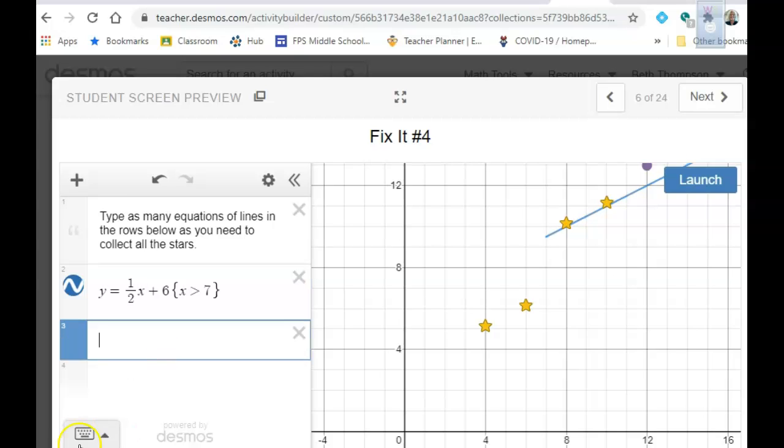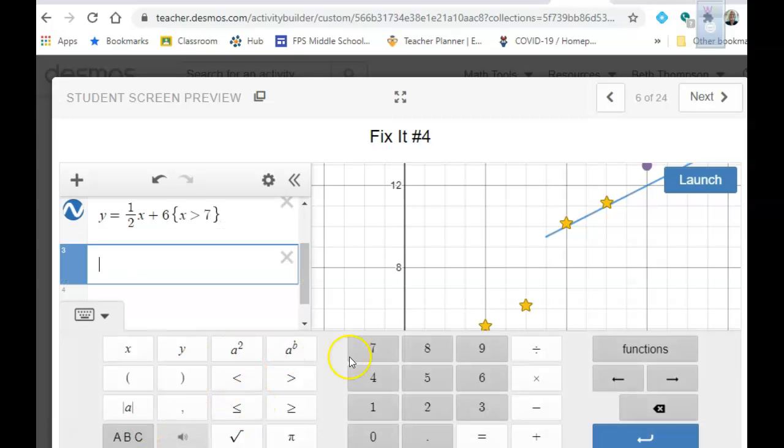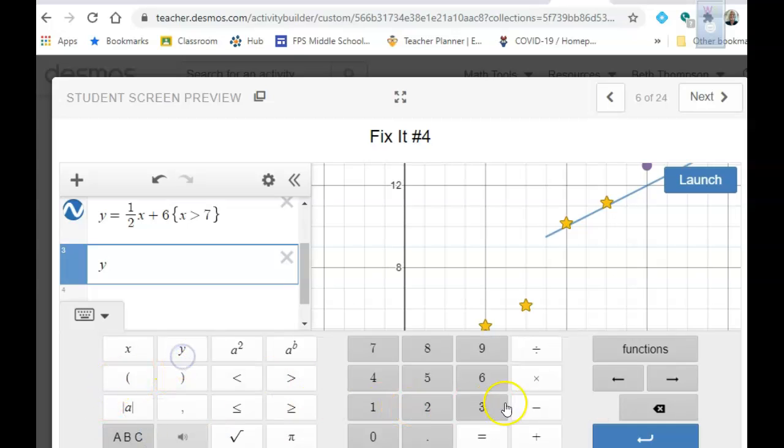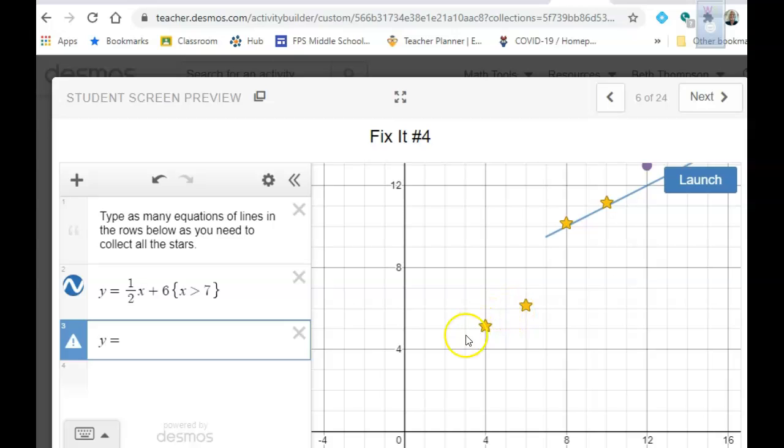So I go down here and I'm going to type it in. And if you want to put the bracket, it's under the ABC. Okay? So you might start with a y equals, and maybe you're going to think point slope form or slope intercept, right? You're going to go, oh, you know, if I look, maybe I want the same slope, but a different one. Okay, so you're going to play around with this.